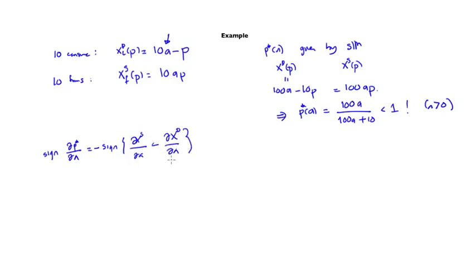So what can we do? What we can have is that this is equal to minus the sign, and let's compute these partial derivatives.